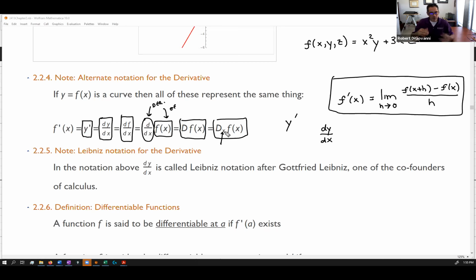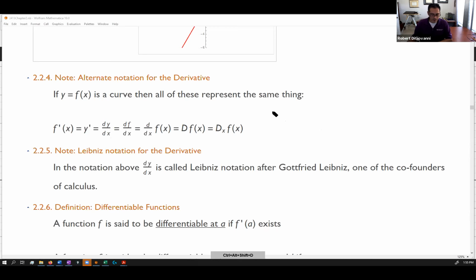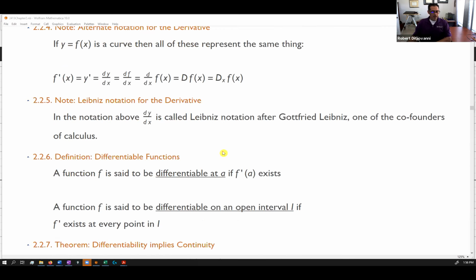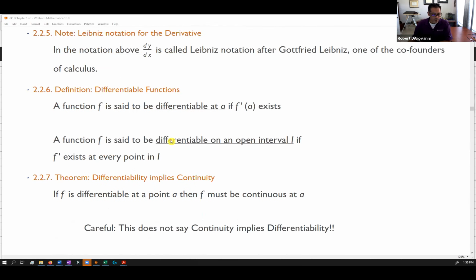Again, it's hard to explain because you're not there yet, but later on you'll see the value of having multiple notations for this. All right, so these are the notations. Okay, so now some definitions.